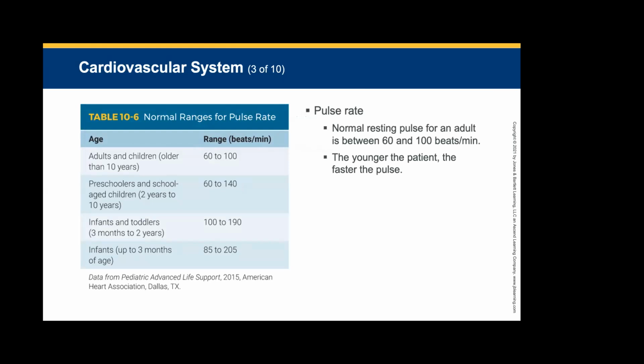So again, these should be about the range that we went over the other day. A normal one for adults is 60 to 100. It depends on what part of the region of the US you're from. If you're from a healthier, more fit area, it's going to be a little bit different versus the South. I'm just straight up.